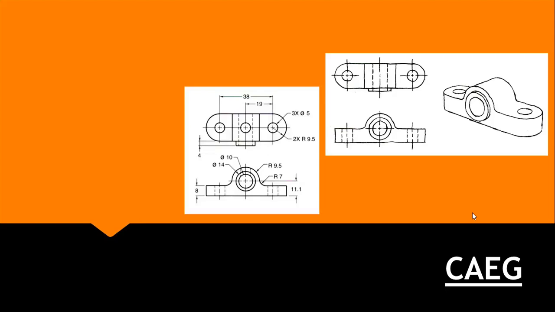Different instruments like compass, set squares, pencils, different grade pencils, and one famous instrument for engineering students, the mini drafter. By using all these instruments, the student will enhance his drawing capabilities, enhance his drawings. So more than freehand, if you use instruments, definitely the drawing will be a better one.